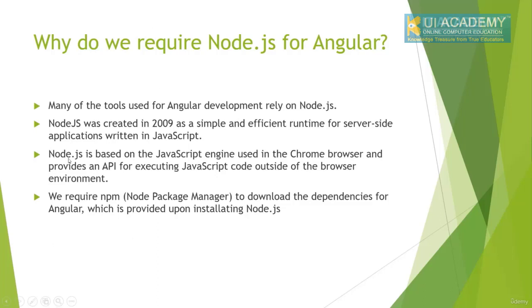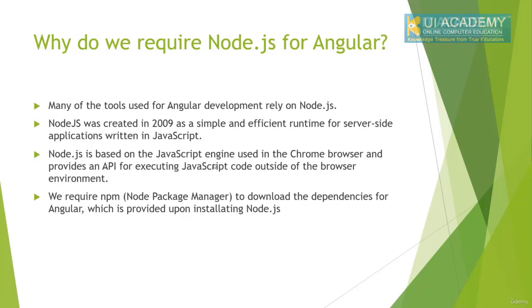So this point clearly explains the same thing that I have just explained. Node.js is based on the JavaScript engine used in many of the different browsers, and it provides an API for executing JavaScript code outside of the browser environment. So that's where we require Node.js. Also, we have to have Node.js to use NPM, which is basically used to download the dependencies for our Angular applications.